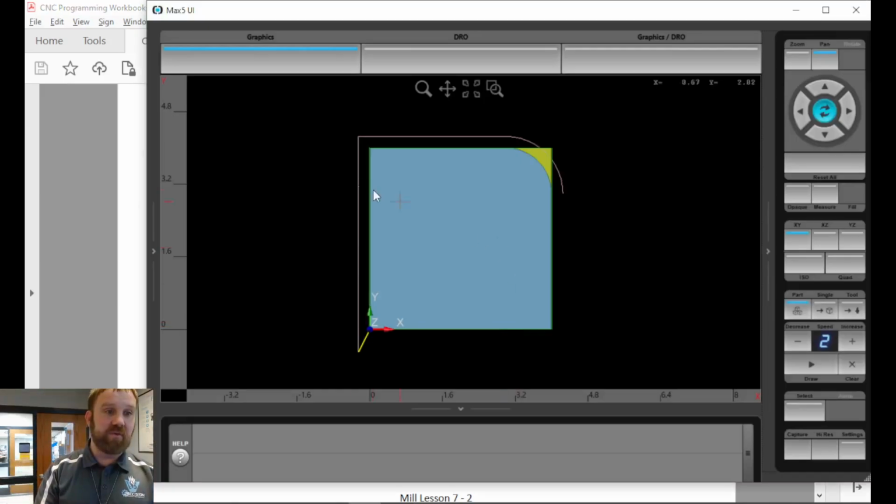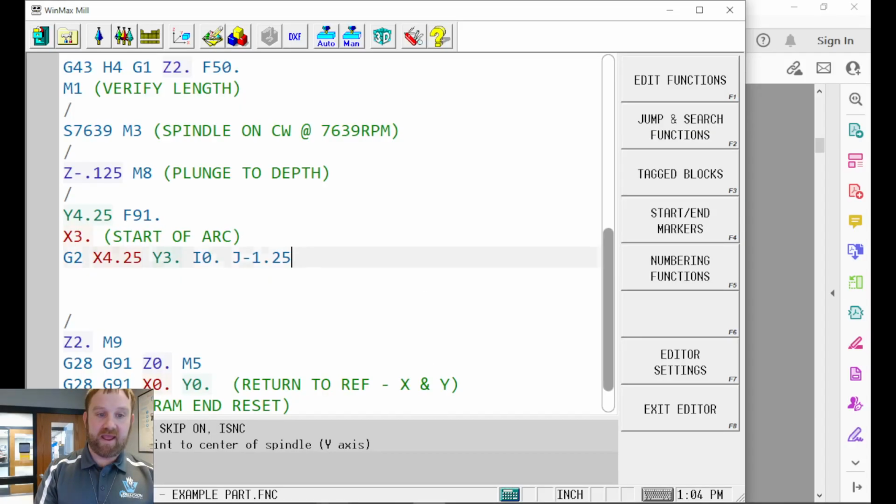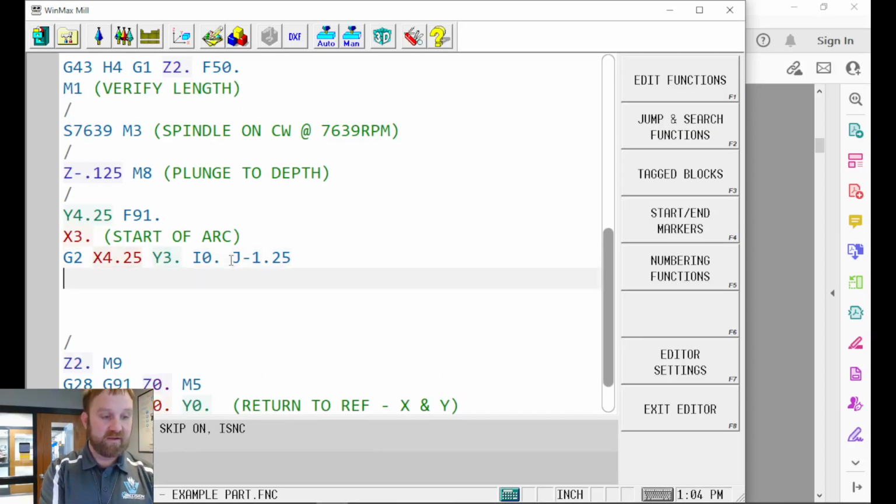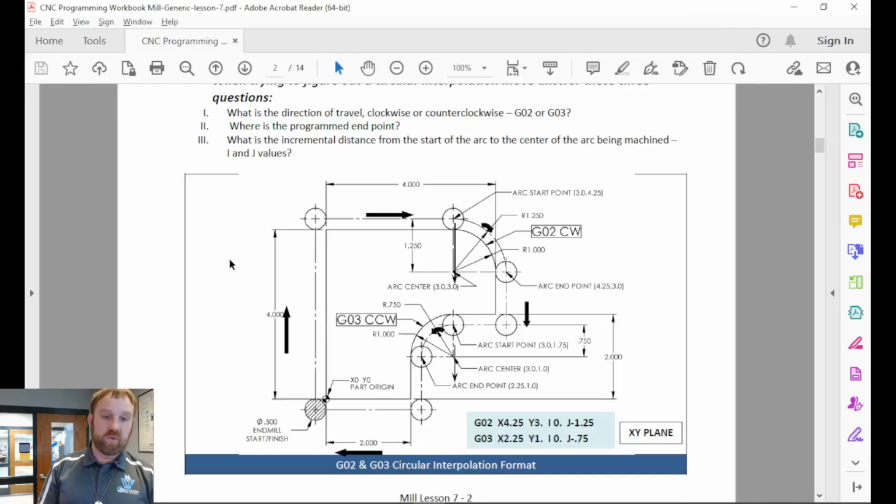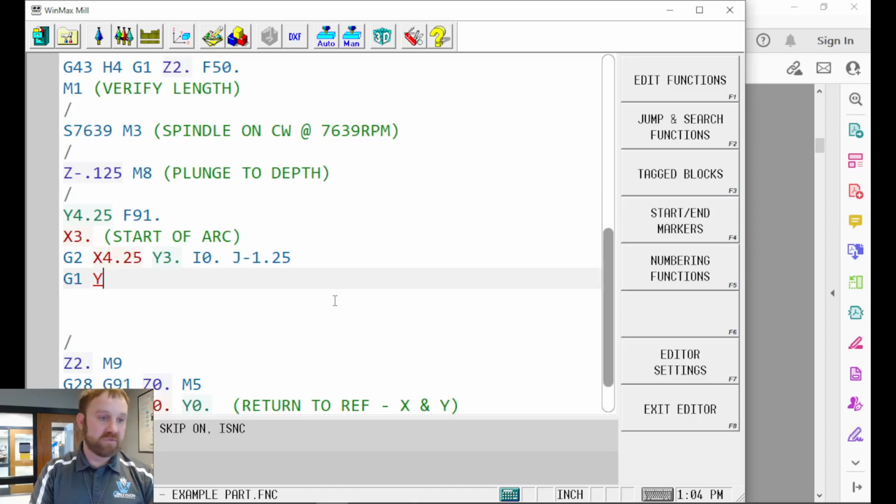We got to have a G1 there to tell it, all right, hey, I know we just did an arc move, but now I want to go straight again. So I got to put a G1 to start out. And then I'll put my Y, which is, if it's 2 inches from here up to here, and on my radius down from there, so it'd be 2 inches minus 0.25. So my Y would be 1.75.